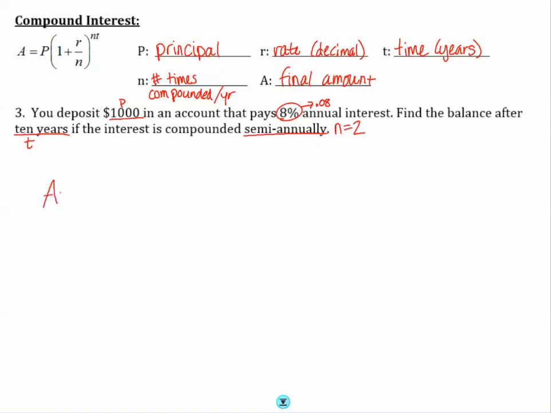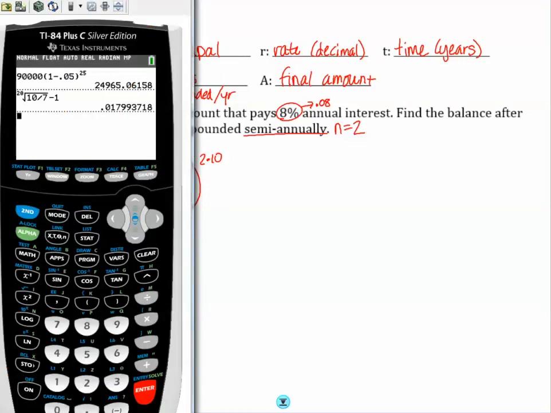So let's plug everything in. Now we can just type everything in the calculator. We have 1,000 times 1 plus, and I'm going to use my fraction button, 0.08 over 2, to the 2 times 10.